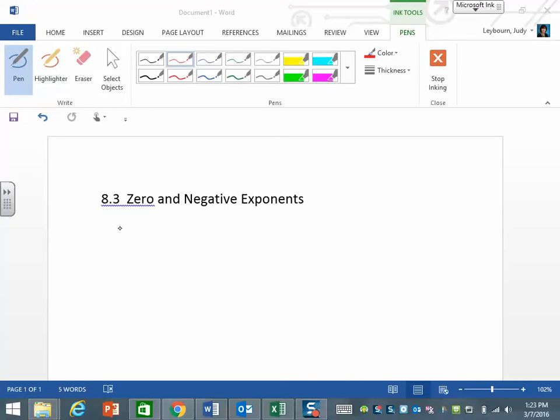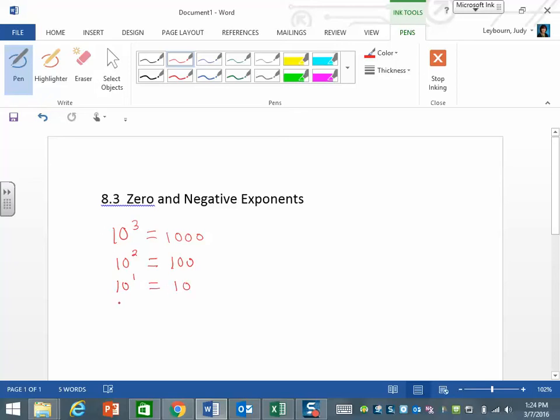If we look for a pattern, 10 cubed is equal to 1,000. And 10 squared is just one less factor of 10, or 1,000 divided by 10, and so we could say it's equal to 100. 10 to the first is 10.